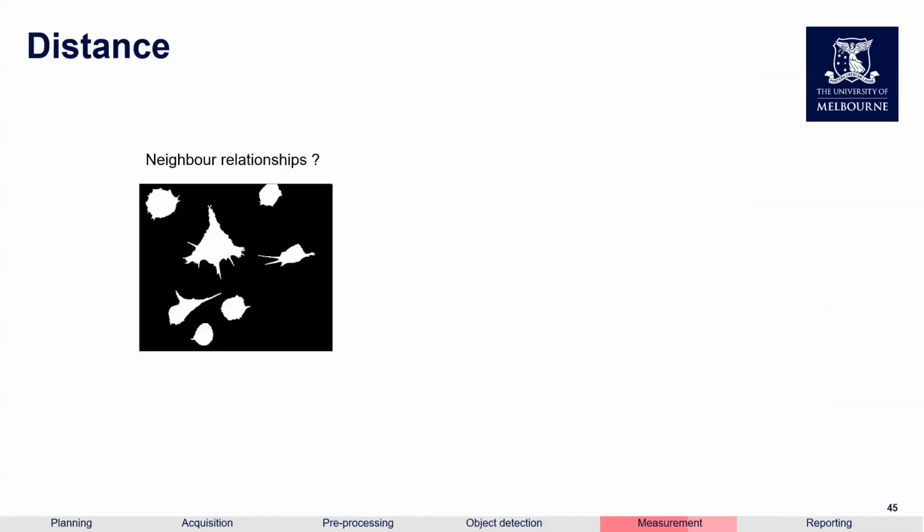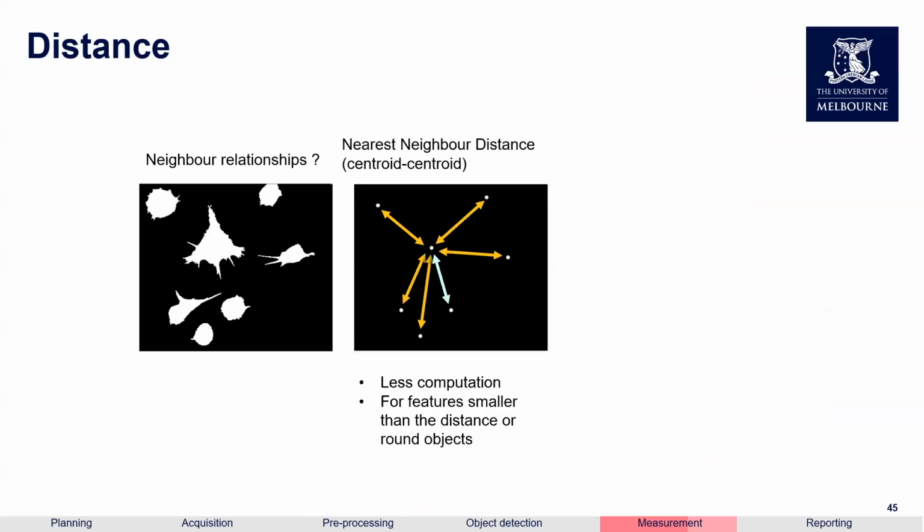And the next common measurement is distance, especially the distance between objects. One way of doing it is measuring the nearest neighbor distance between the centroids of objects. Usually this method requires less computation, and it works well when the features are small compared to the distance between them, and also when they are relatively round objects.